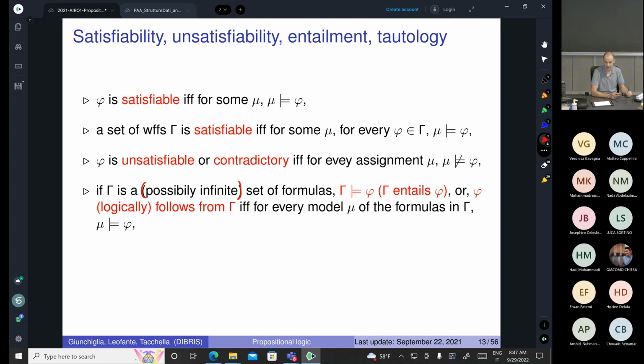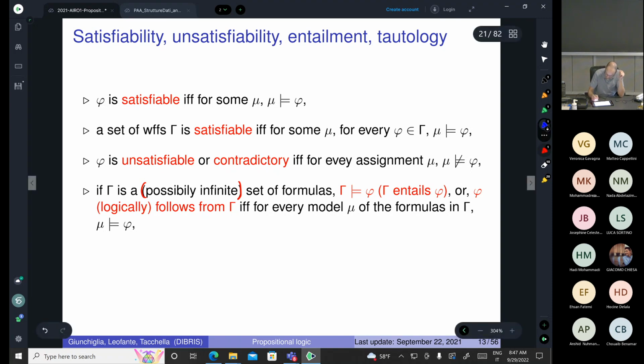So it is really important to make this fine-grained distinction, but we are in the engineering department here, so all we care about is what can be implemented in a computer. So we don't really care about infinite sets. It is there because from a logical point of view that is the definition, but all we care about in reality is finite sets. So when we say gamma is a set of formulas, we'll have in mind something finite.